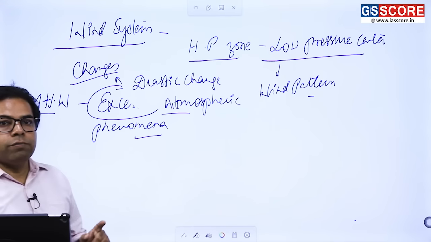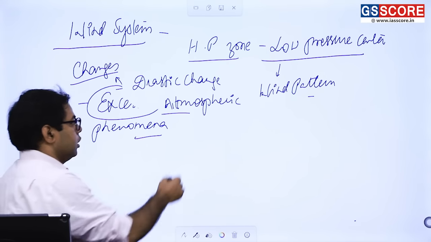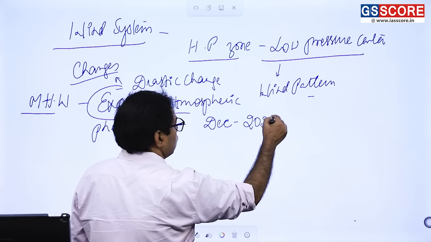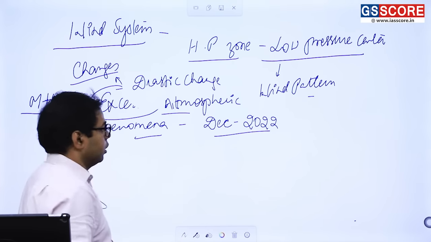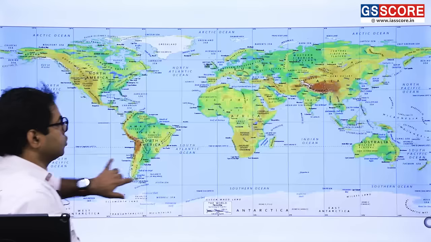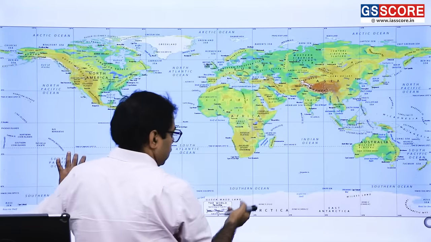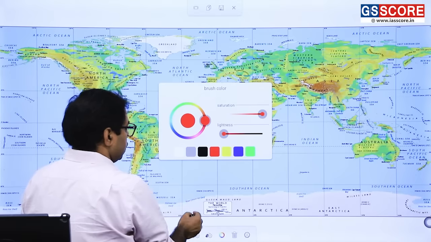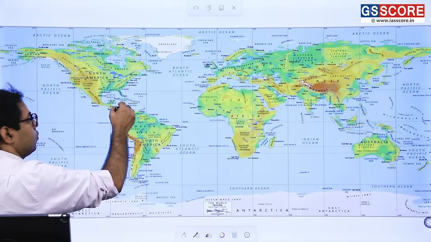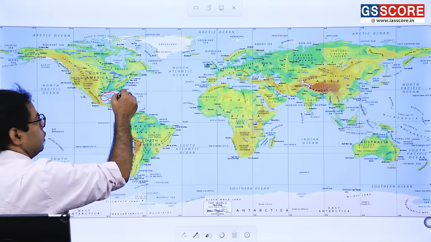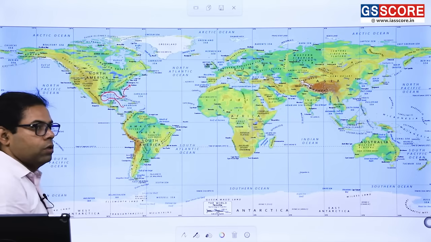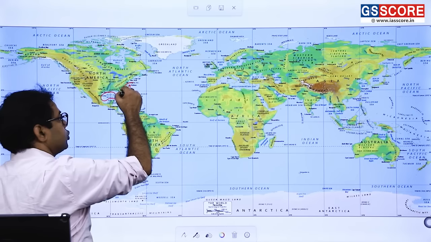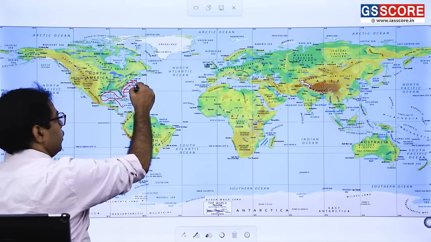So that we have observed in the world in December 2022 at the coast of USA, because of excessive heating of the ocean water at the east coast of USA under the effect of the Gulf Stream. The atmosphere over the ocean becomes excessively warm.